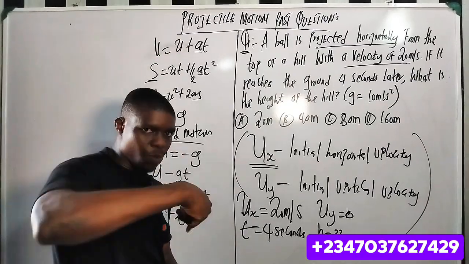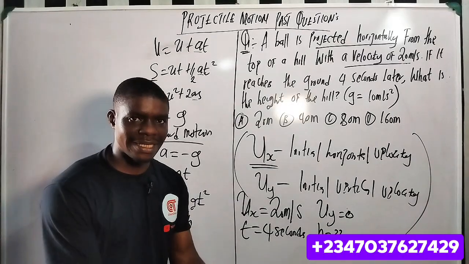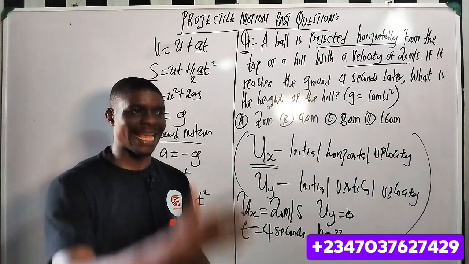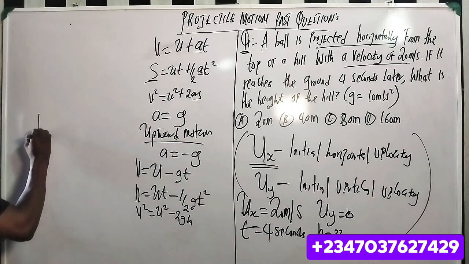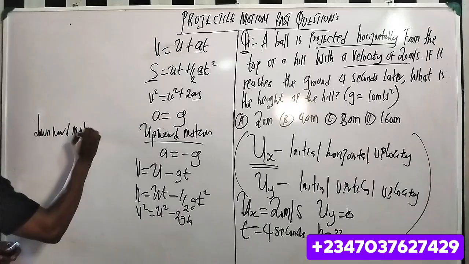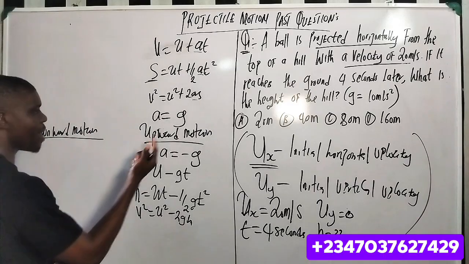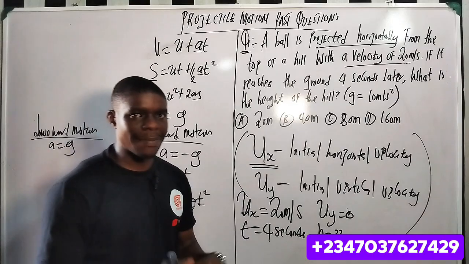Now what about downward motion? Downward motion means that it's acting freely under the influence of gravity, that is, coming downward. Downward motion is very easy. My a is equal to g.